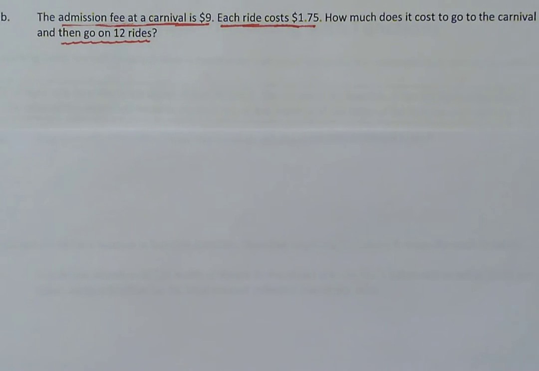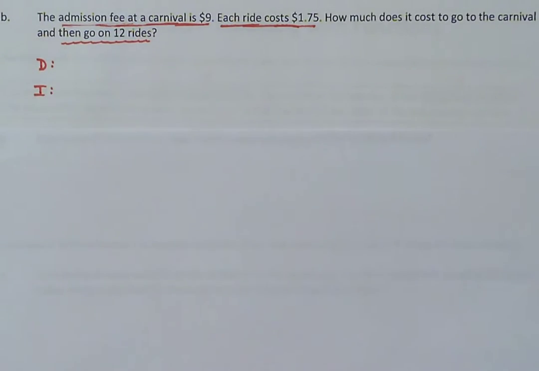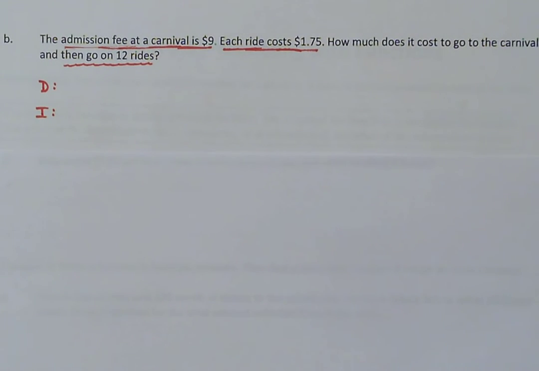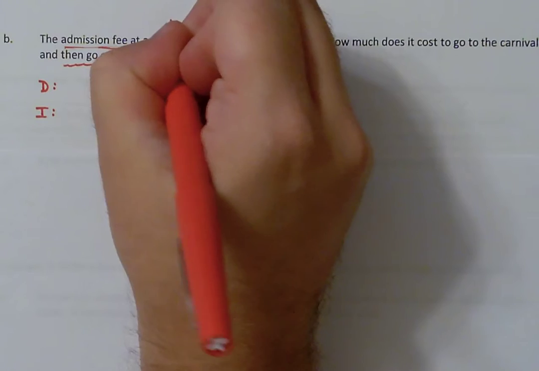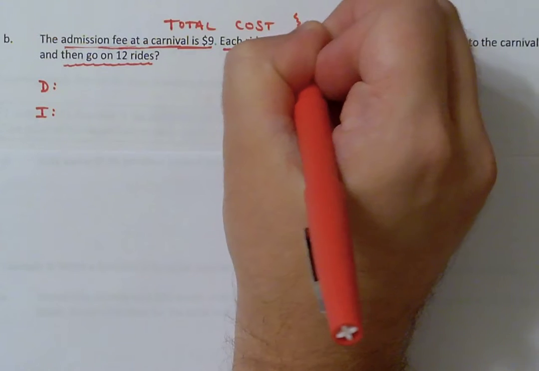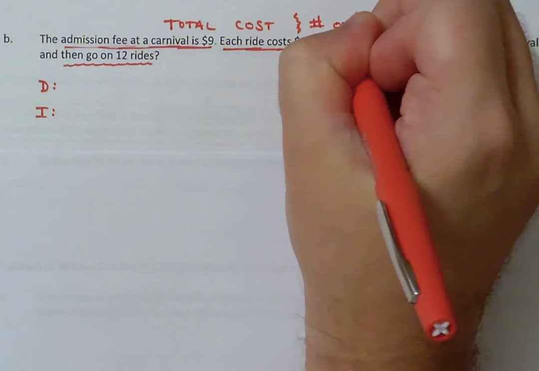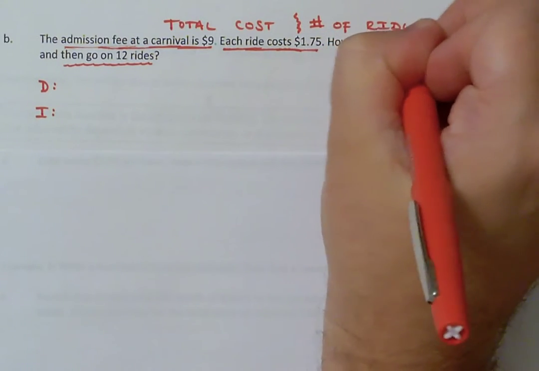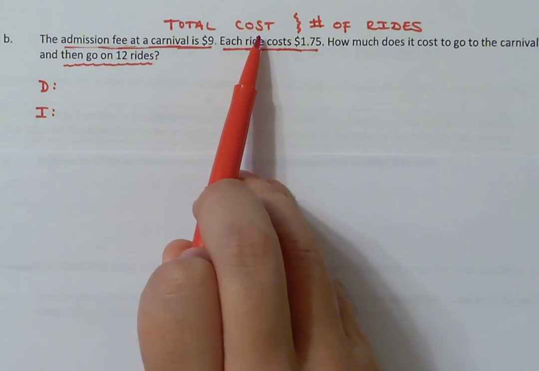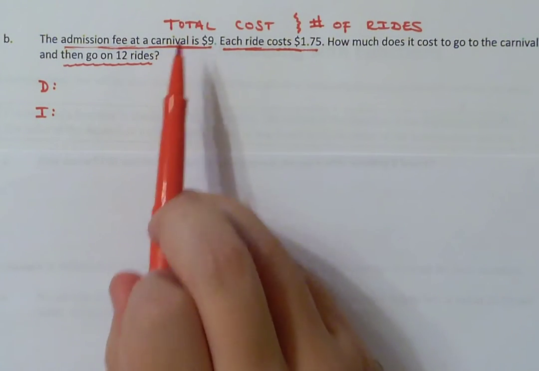So, a few things here. Let's identify our dependent and independent variable. We have two different things: the total cost to go to the carnival, and the number of rides that you're going to ride. Does the total cost depend on how many rides I ride, or does the number of rides depend on total cost?